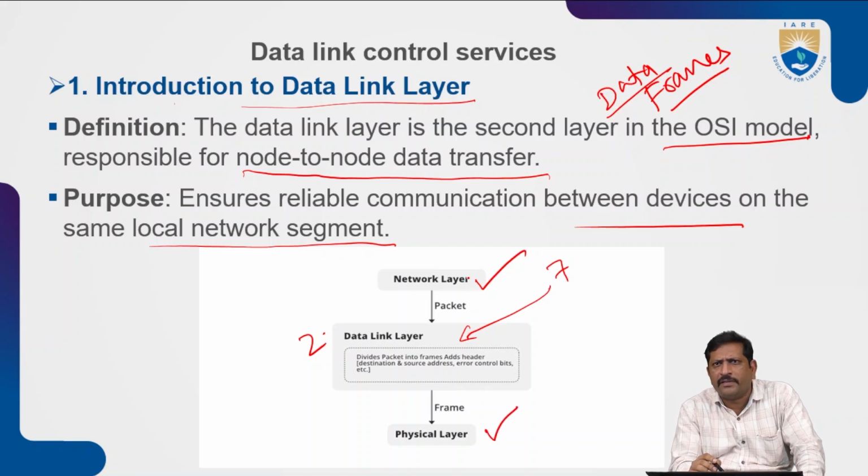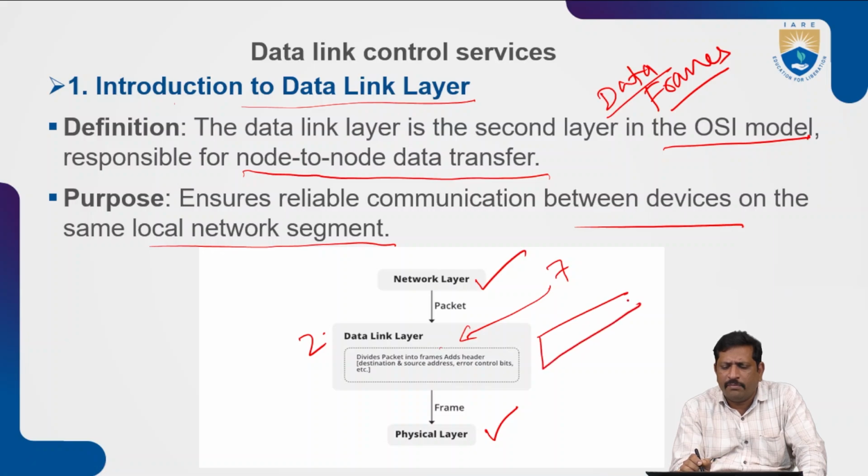Whatever data packets are received from the network layer are divided into a number of data frames: data frame 1, data frame 2, up to n number of data frames. By dividing the packets into data frames, these frames can be transferred to the physical layer.